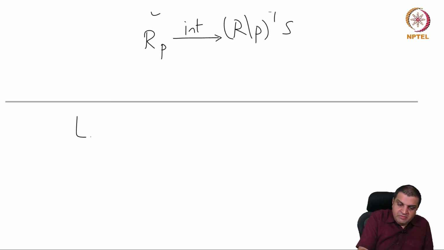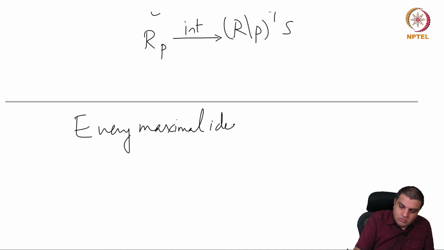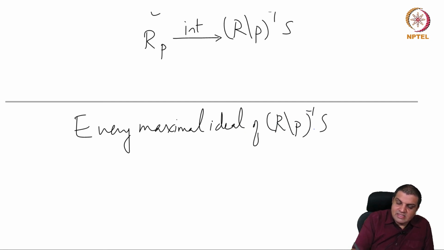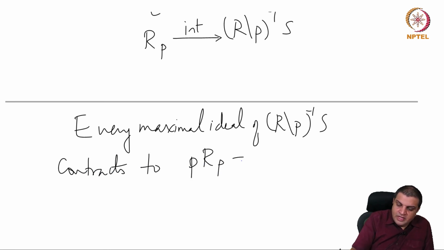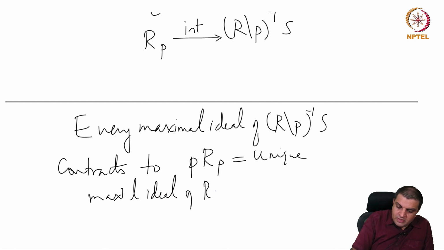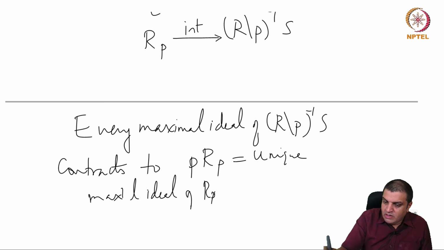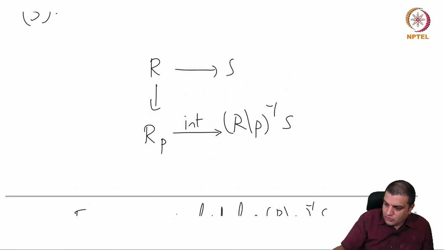So every maximal ideal of R minus P inverse S contracts to P RP, which is the unique maximal ideal of RP.